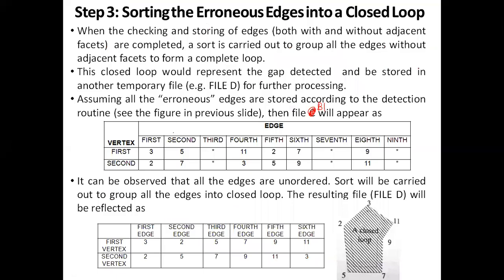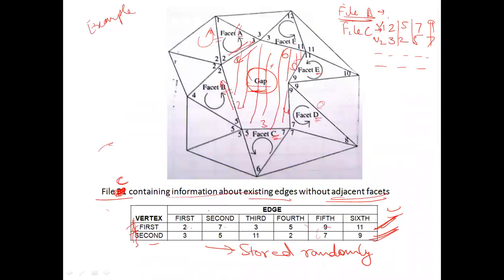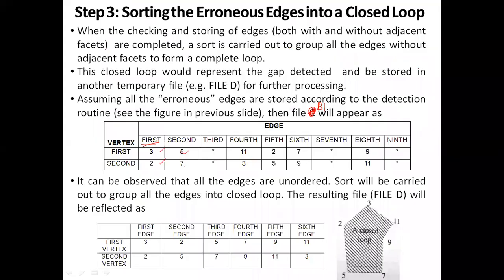So I change the first vertex to 3, 2. Similarly, for the second, it is 7 to 5, so what is missing is 5 to 7. Similarly, for third, fourth, fifth, sixth, seventh, eighth, ninth, whatever information is there, all that information has been generated.